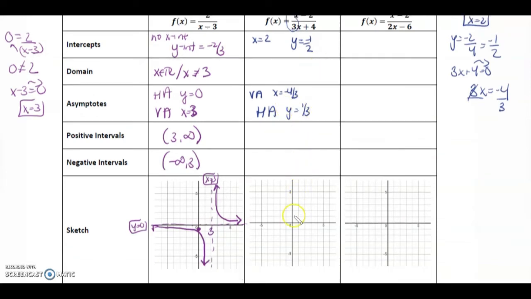Okay, let me graph this. So x-intercept is 2, y-intercept is negative 1/2. Vertical asymptote is like negative 1.3. Okay, negative 4 over 3. I should label them. y equals 1/3, so the horizontal asymptote is just above.